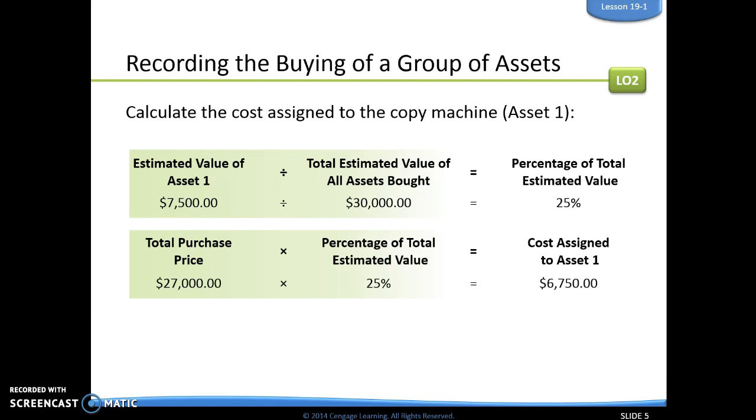Then we're going to look at how much we actually paid. We only paid $27,000, and we're going to multiply that times the percentage that we figured out. So 27,000 times 25% is 6,750. That is the amount that we're going to assign to asset 1.